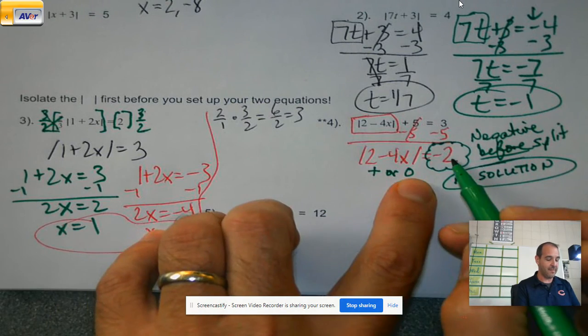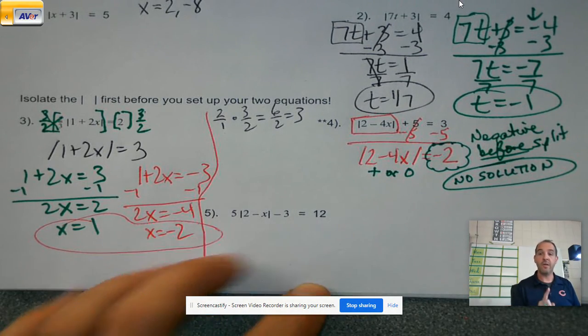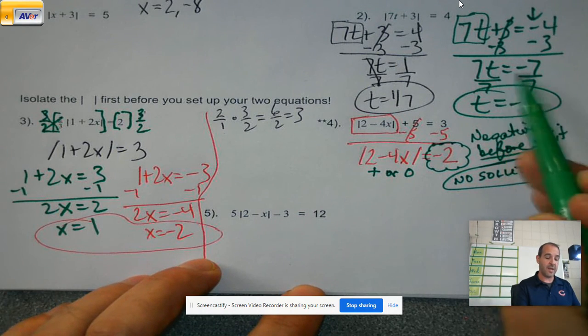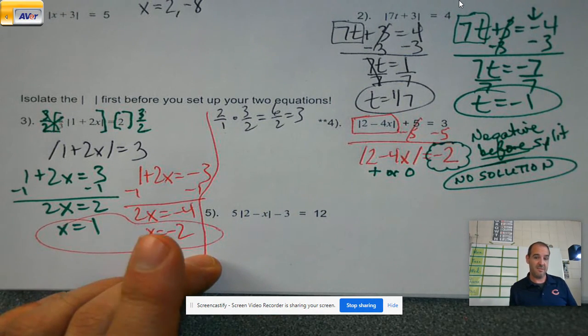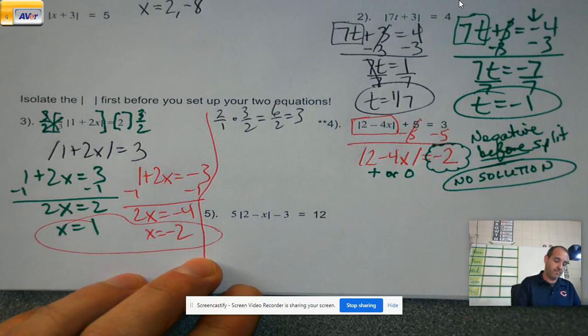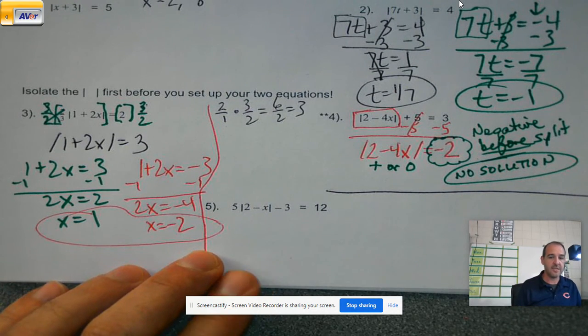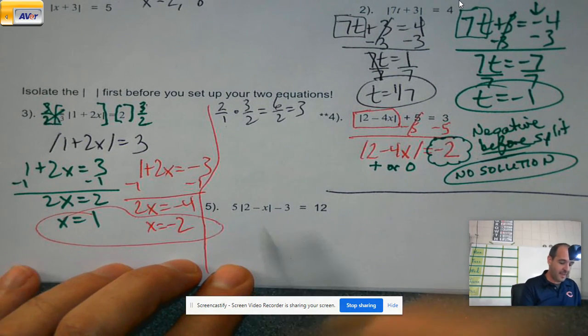Because this has to come out positive or 0. But again, only before. It doesn't mean we can't get negatives once we split, because then the absolute value bar is gone. I know that's kind of funky, but it's the way those work. So keep that one handy. That could save you later. I'm just saying. Okay, last one here.